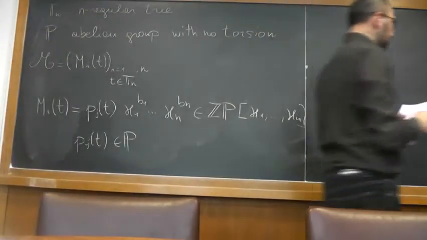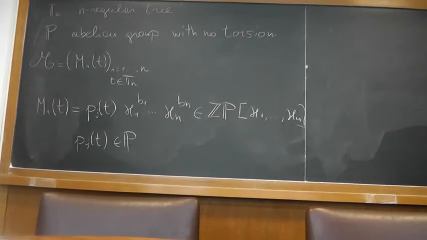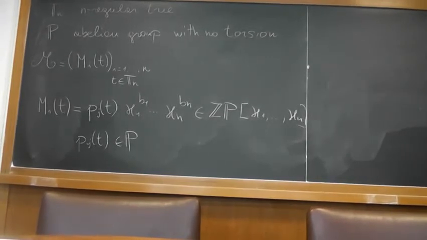And then we have the four axioms. First axiom: xj does not appear in m_{j,t} for all j and t.